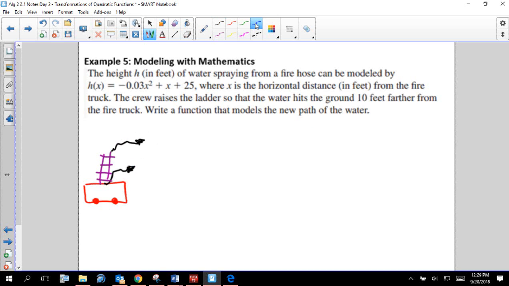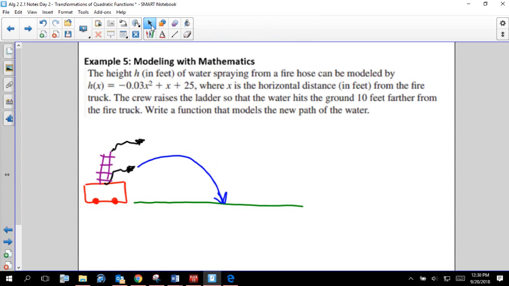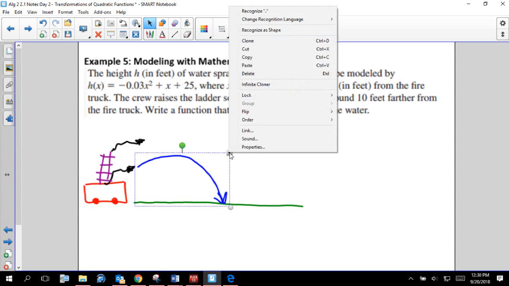Okay, so what's happening is the fire truck is spraying water onto the ground. When you spray water, does it just make a straight line? No. What's it look like? Quadratic, a parabola, yeah. There you go. Then what happens is they raise up the ladder, so then we're spraying higher.